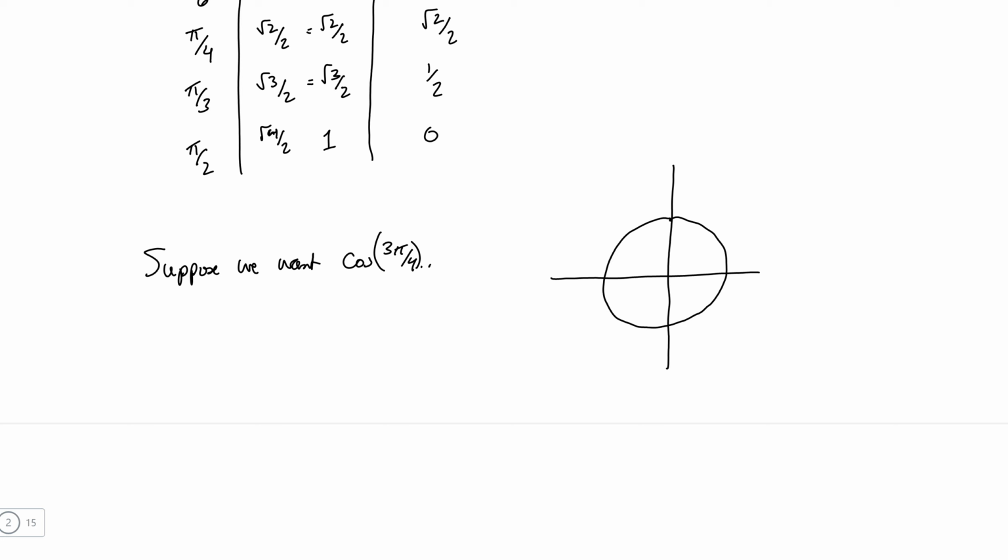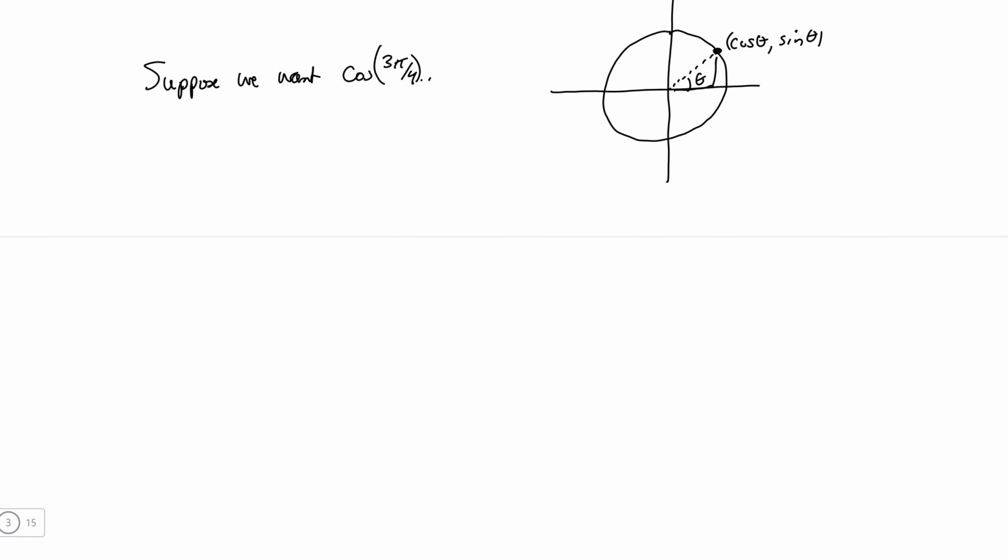So suppose we want, say, cosine of 3 pi over 4. So what we can do is we can make our unit circle. And remember, our x values are our cosine values. So if I were to think of a theta here, remember this value here is cosine theta, because we think of a triangle, and this is sine theta.